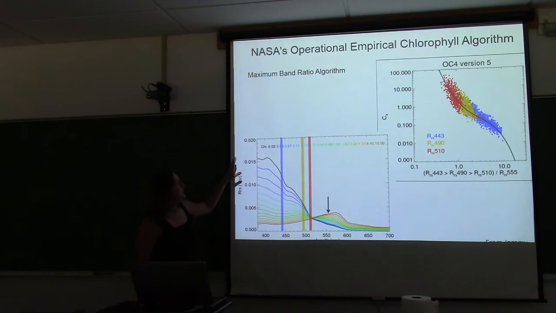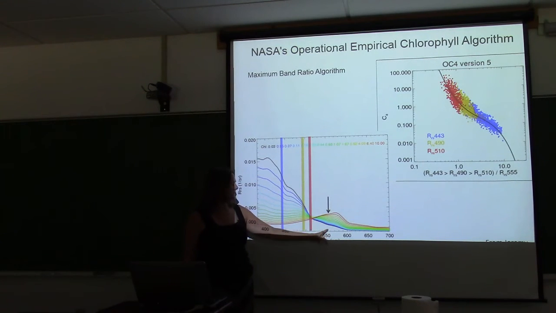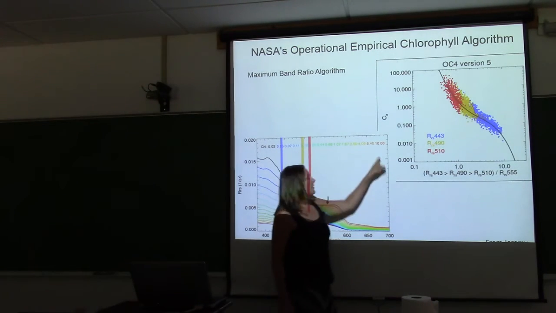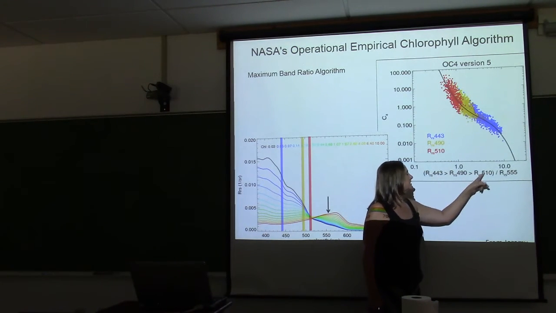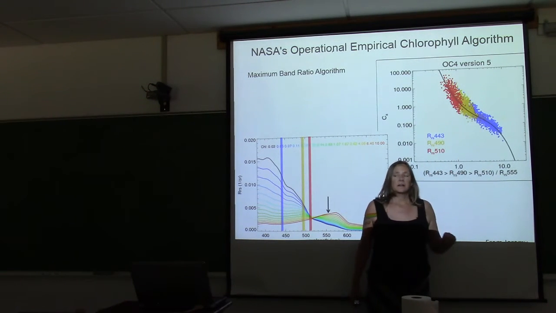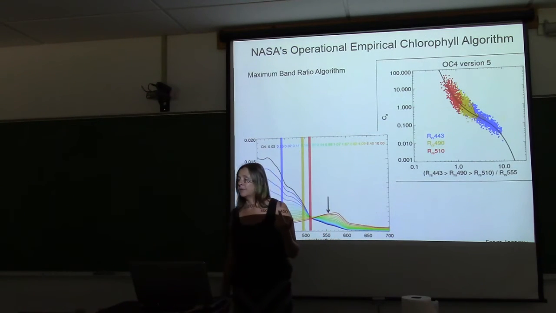And so this is, again, what Kurt has shown. This is a variety of simulations. I have this graph from Jeremy showing reflectance spectra at 3 channels versus 555. So you're looking at the maximum band ratio relative to 555. And so here again is which ratio is maximal versus chlorophyll. And Kurt showed this data showing you the density of points. That's what the coloring on his graph was.